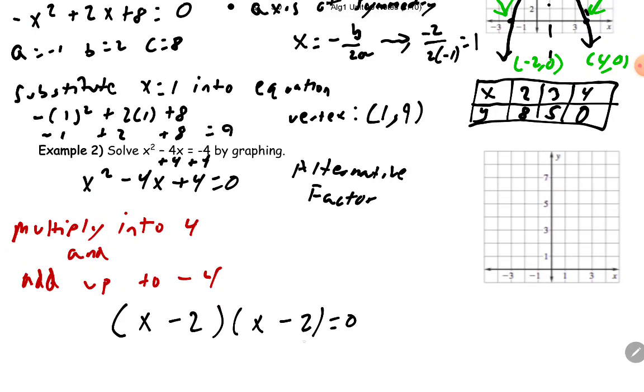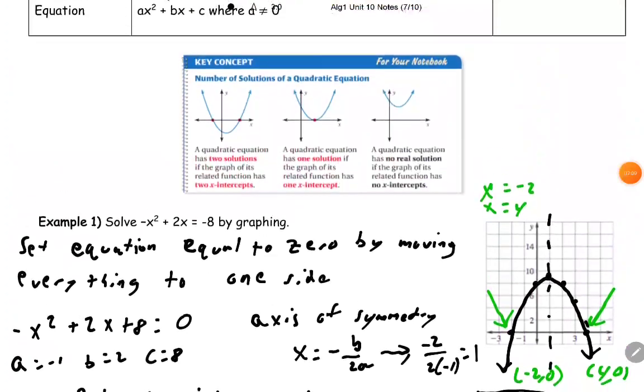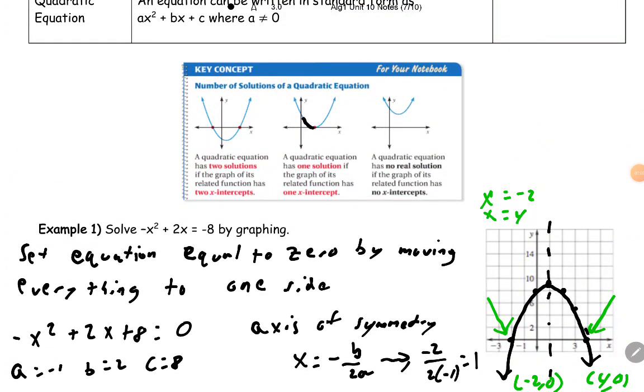So that means x minus 2 is equal to 0, or x minus 2 is equal to 0. So we get one solution, x equals 2. Okay, that means our vertex is at (2, 0), because we only have one solution. If we have one solution, that gives us the vertex here.